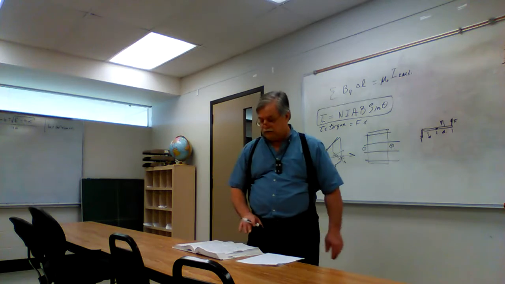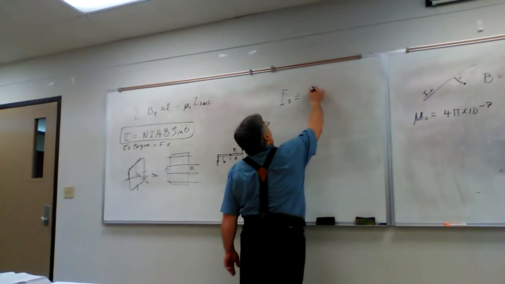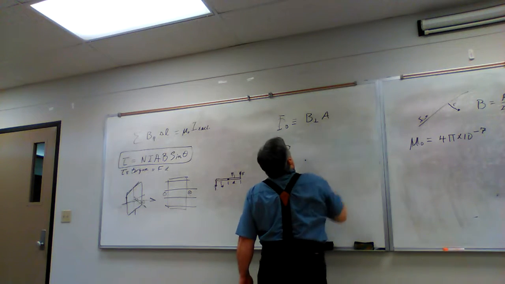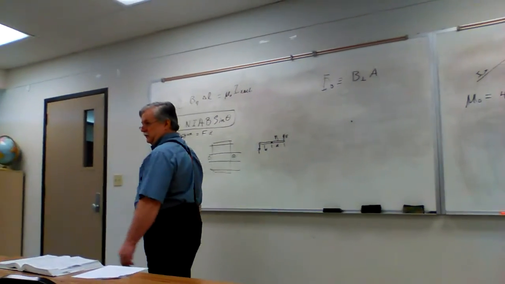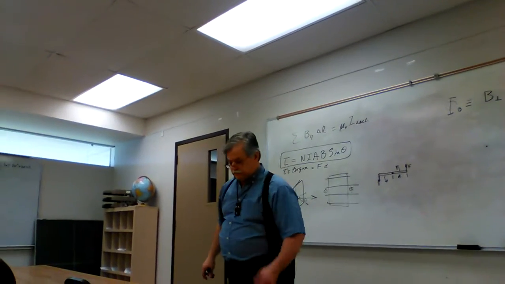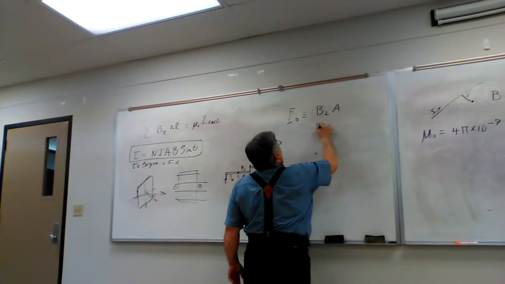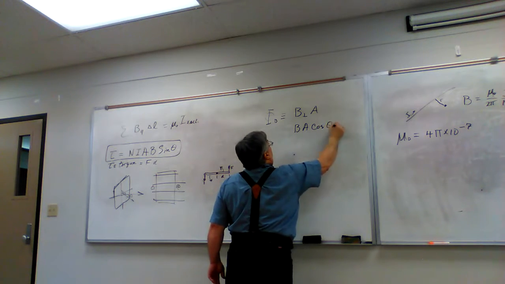No, flux is B times A. It's the perpendicular magnetic field times an area through which that component of the magnetic field is passing. So it would be written B A cosine theta.